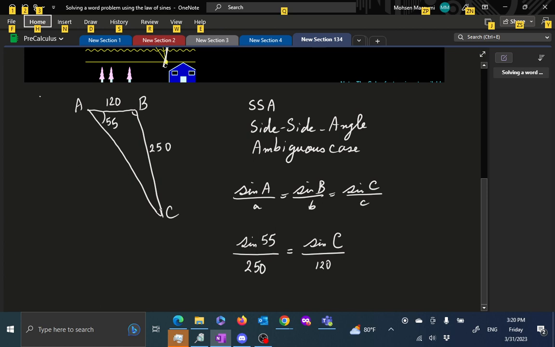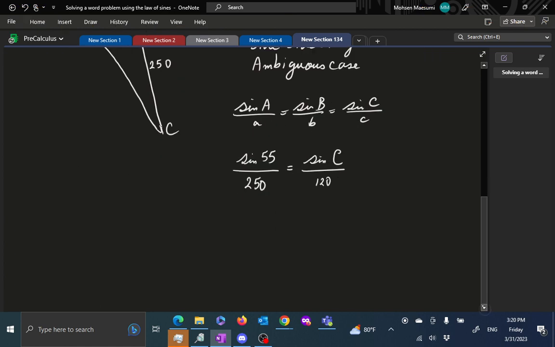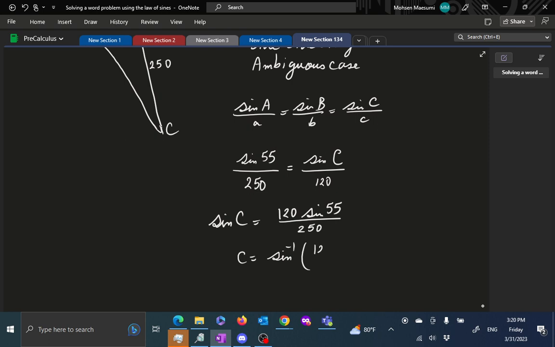Okay, so we go ahead and calculate C here. Let's see what we get. So we get sine of C is equal to 120 times sine of 55 degrees over 250. Then we go ahead and calculate C. That's going to be sine inverse of this quantity.